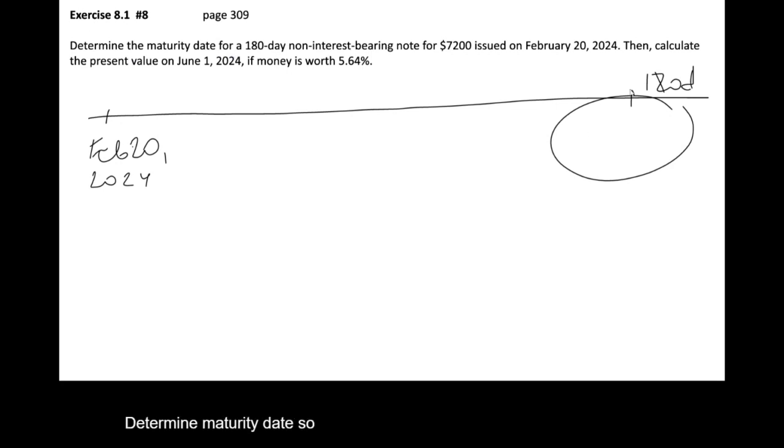So go ahead, find the maturity date. Don't forget that we have a leap year, right? No, it's not. It's not August 20. How come it's August 20? It's August 18.